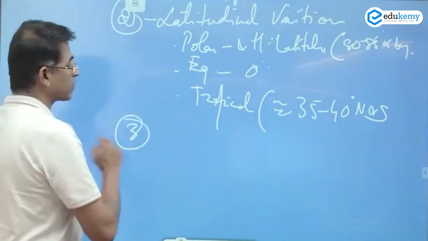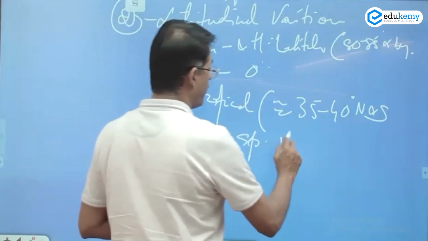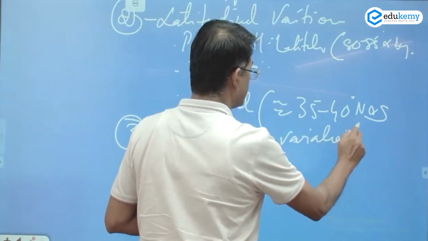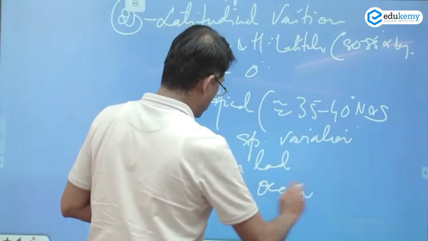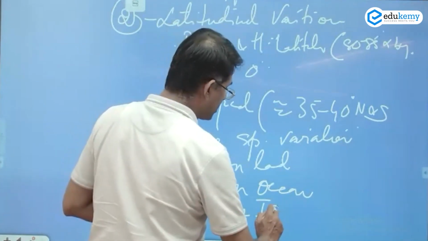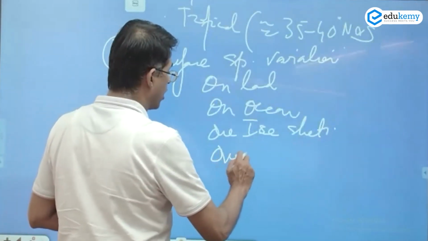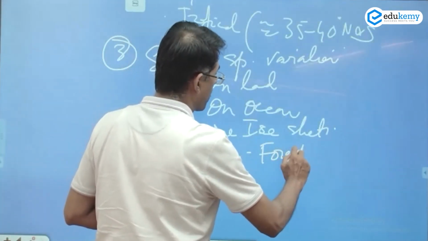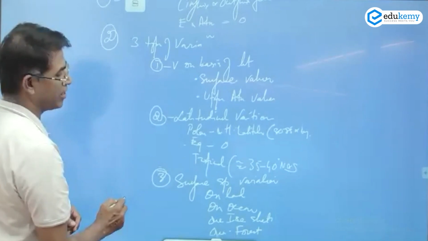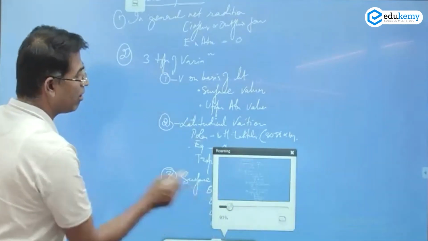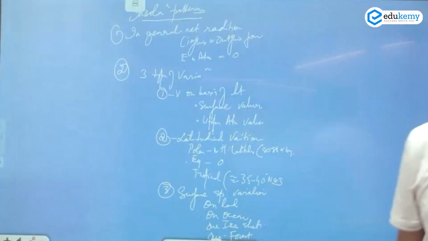And the third is the surface specific variations, as in on the land, on the oceans, over the ice sheets, over the forests. So these are the three types of variations in the insolation, in the net gain or loss. Are you all keeping pace with me?